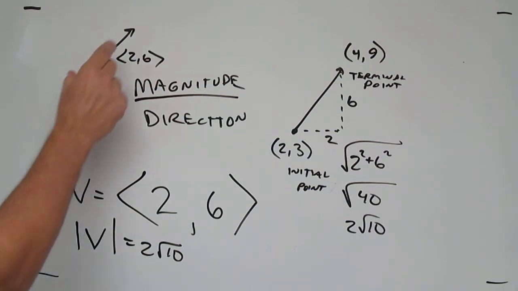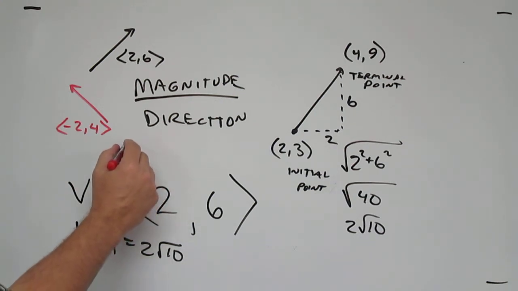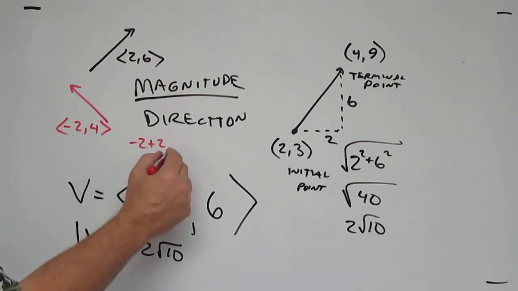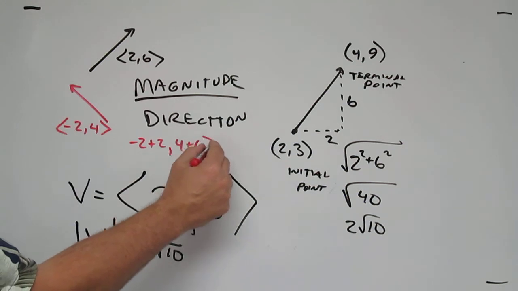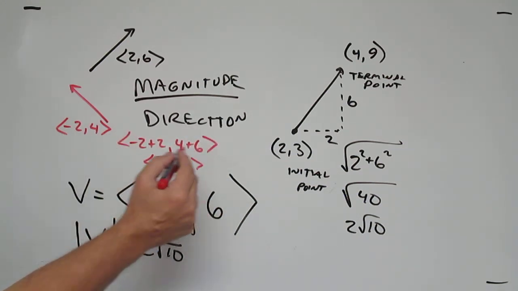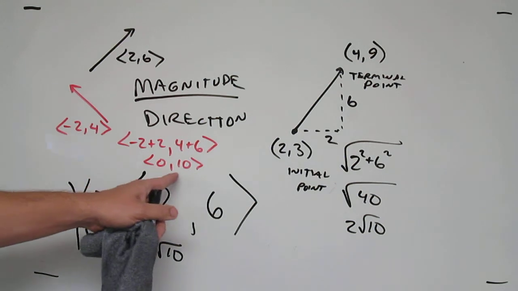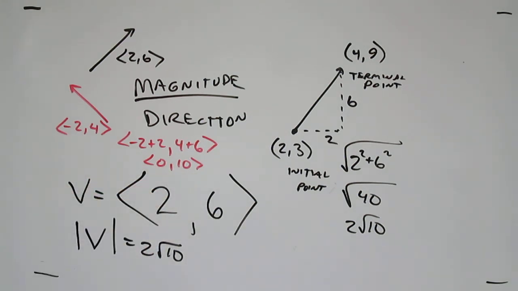So it'd be like if I put one onto the end of the other, and then combined, they would end up being, so I'd say negative 2 plus 2, and 4 plus 6. I would get something that's 0 and 10. So adding vectors is very easy. So that gives the component form of the resultant vector, which is the term that we often use.